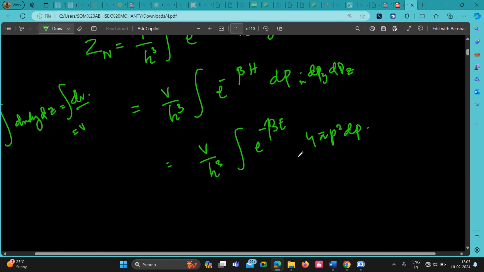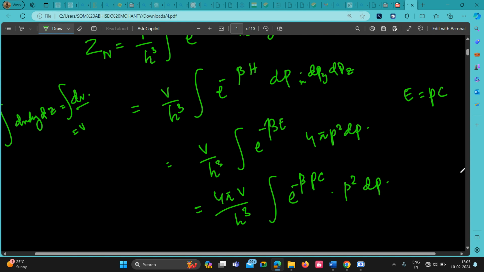Alright. Now let's take 4 pi out also. 4 pi V by h cube, e to the power, what is E now? E is given as pc, so minus beta pc into p square dp.